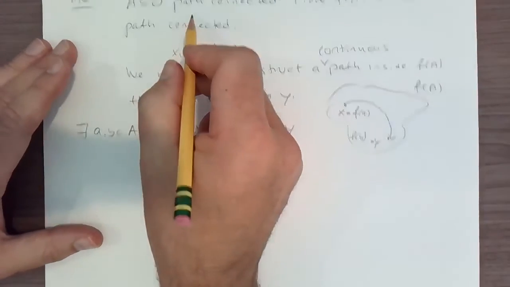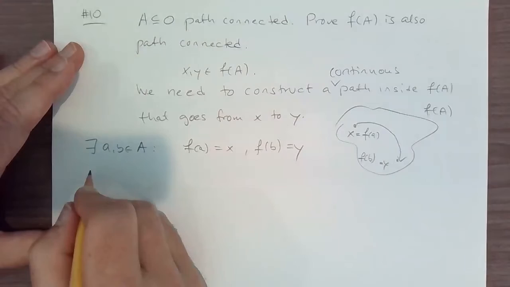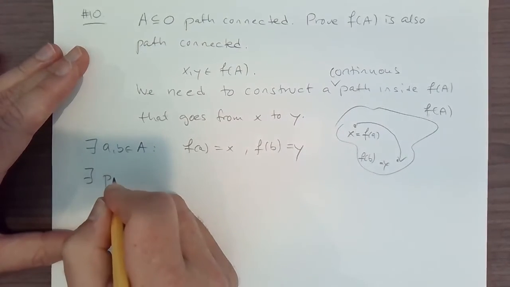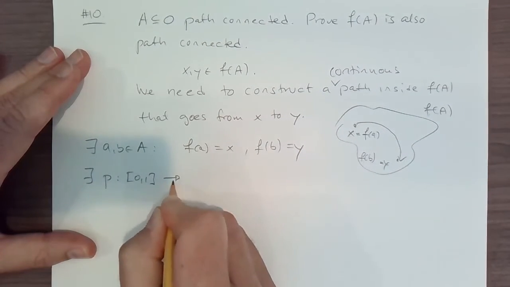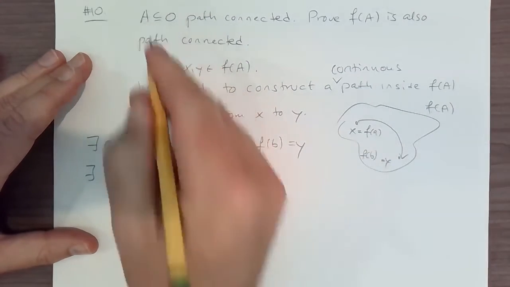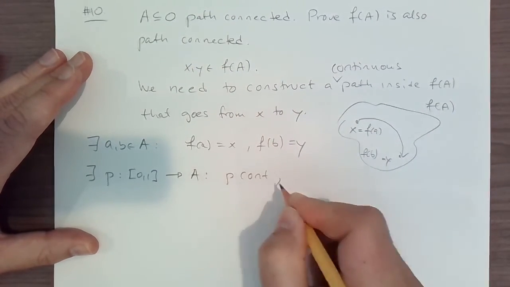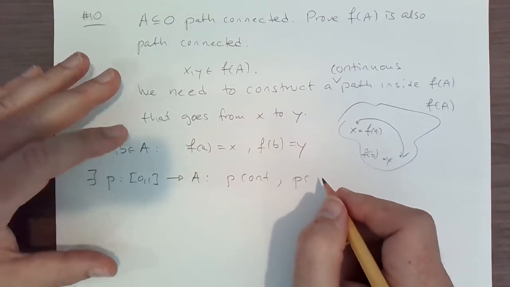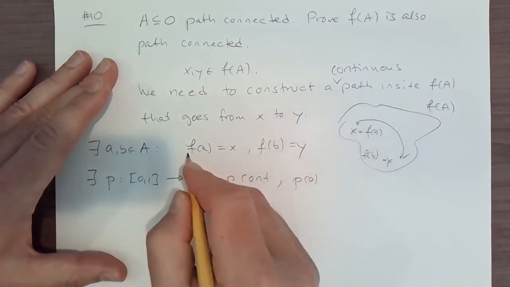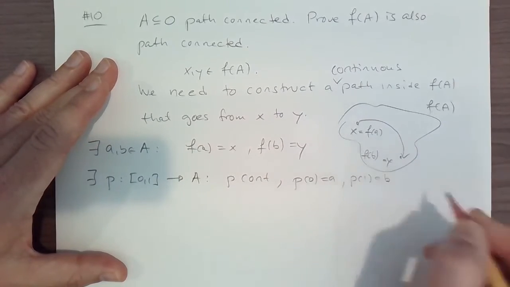And then we use the path connectedness. Then there exists a function p that goes from, say, 0 to 1 and takes values inside A, such that p is continuous, p of 0 is a, and p of 1 is b.